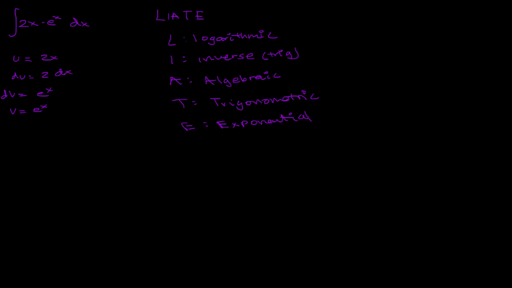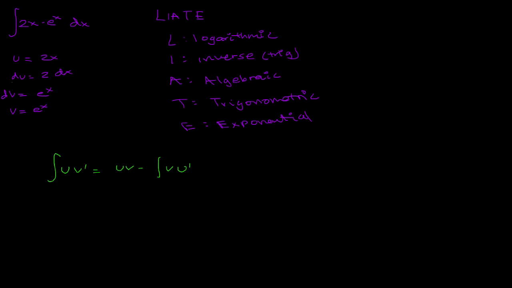Now if we want to evaluate this integral, we're going to have to follow the formula again. So I'll write it out here again: the integral of u v prime equals uv minus the integral of v u prime, right?